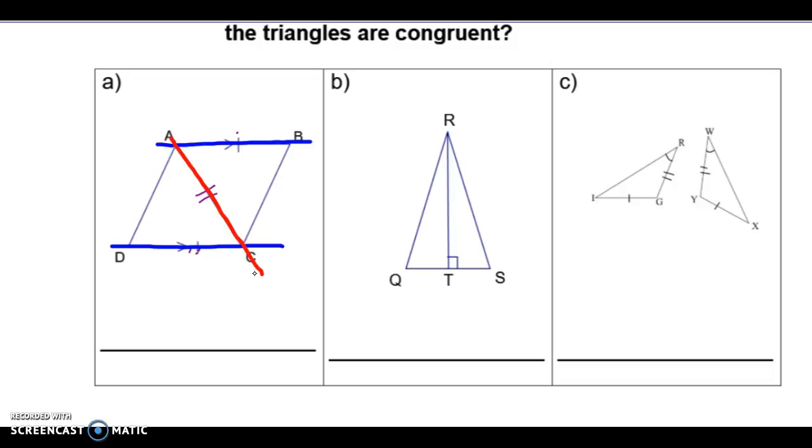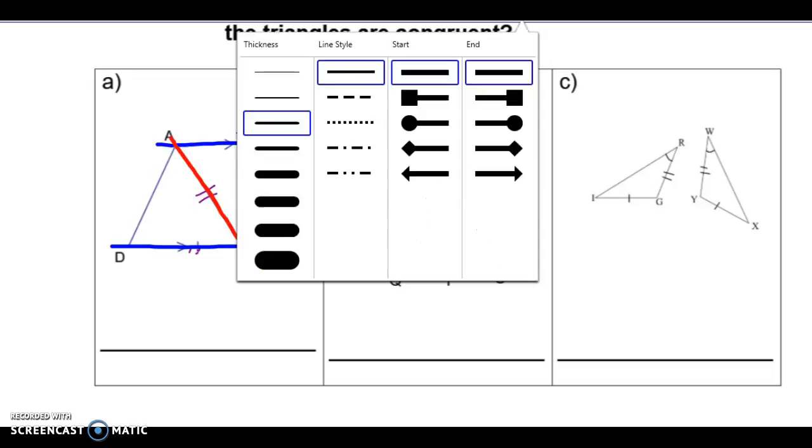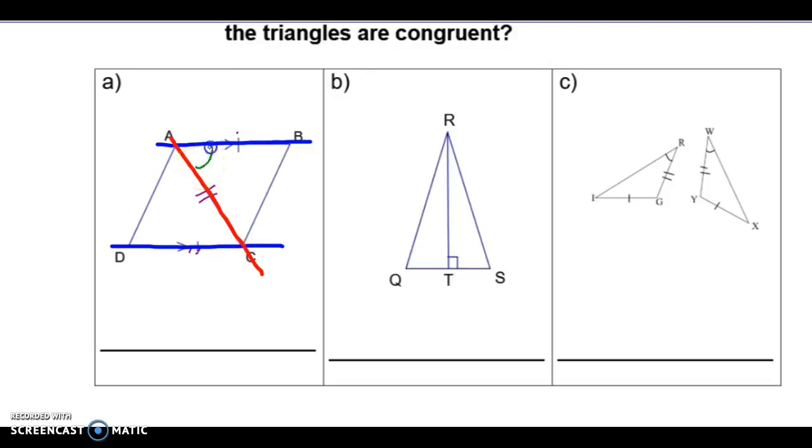Which means these two angles are congruent to one another because they're alternate interior angles. Now, this side is congruent to this side, this side is congruent to itself, and these two angles are congruent.